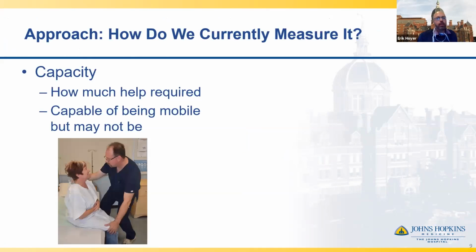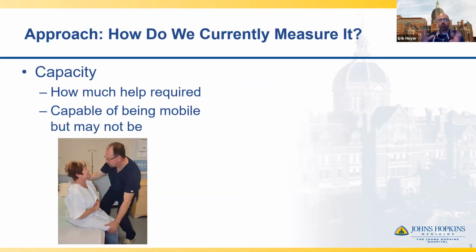So how do we measure function in the hospital? There are definitely lots of different measures. For those who are therapists, for example, for assessing balance, there are lots of different measures.